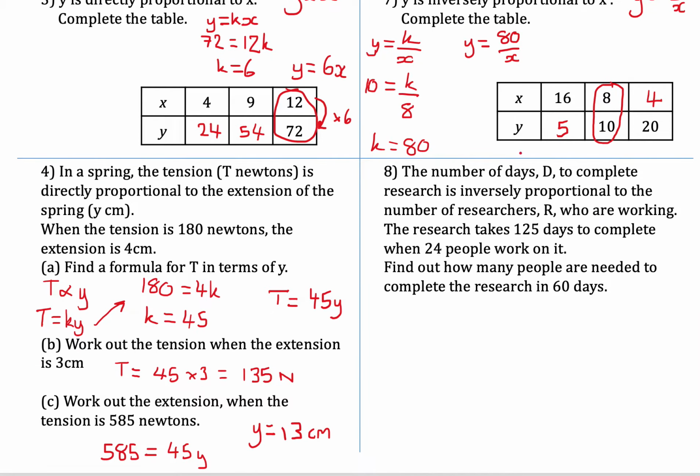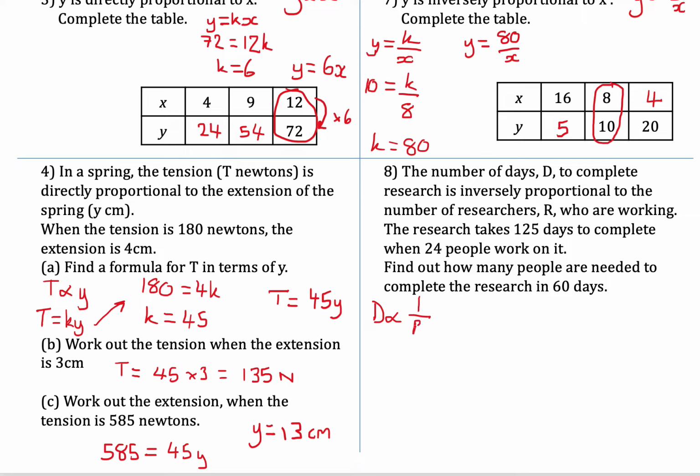And the final question on the page, the number of days D to complete research is inversely proportional to the number of researchers R who are working. In other words, if we increase the number of researchers, the number of days will decrease. Okay, so let's start here. We're told that D is inversely proportional to R. We don't need to read any further before we can write this.